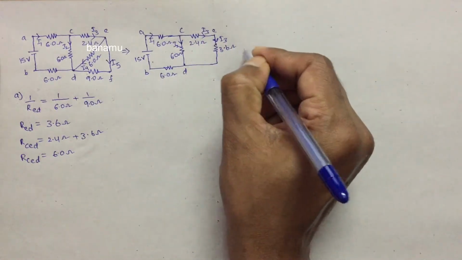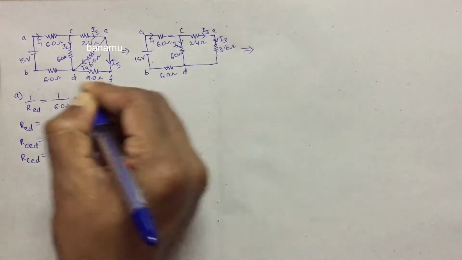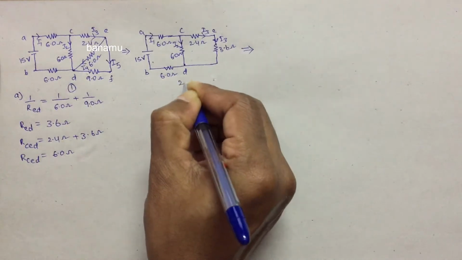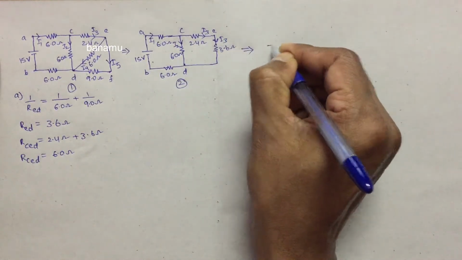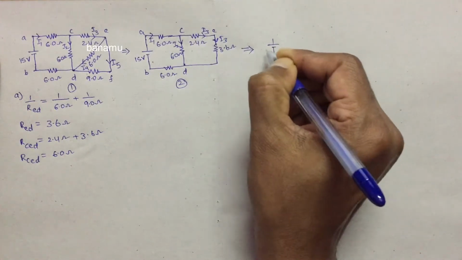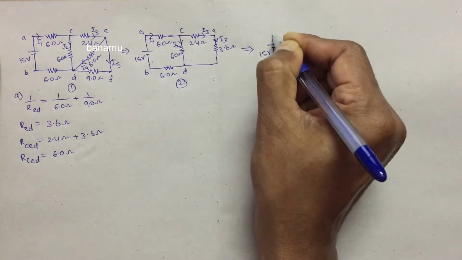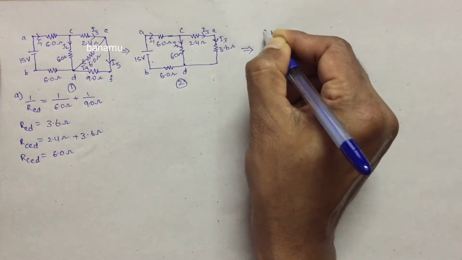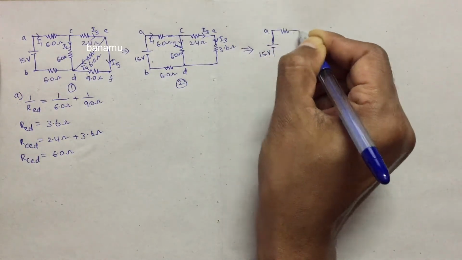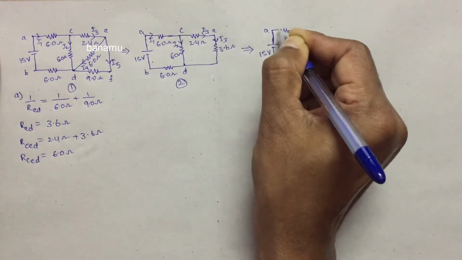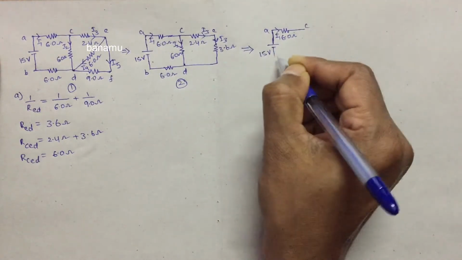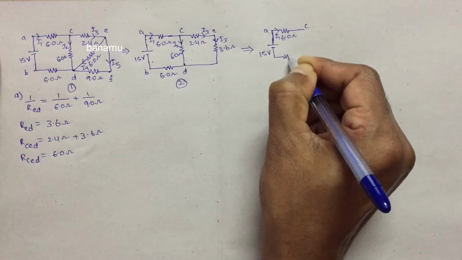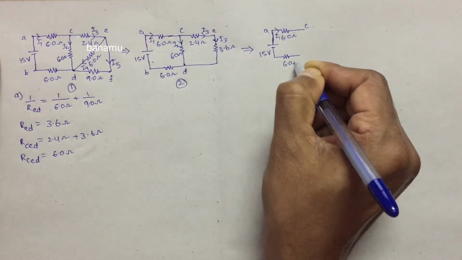So, draw another modified figure. This is figure 1, this is figure 2, and draw the third figure. This is the voltage, 15 volts, between the point A connected to a 6 ohm resistance. This is I1, and this is the point C, connected to a 6 ohm resistance.